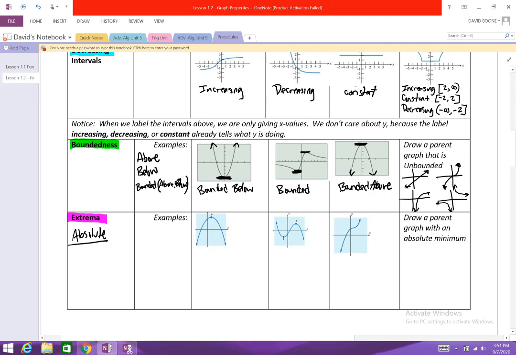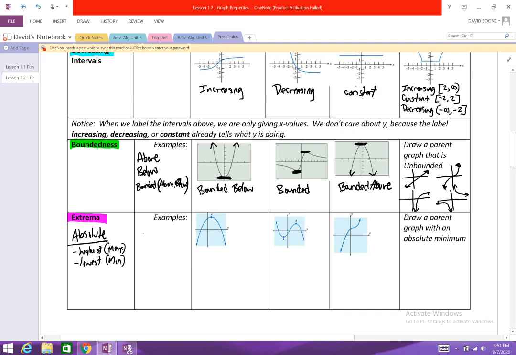And what I like to think about there is kind of simply that word absolute. What is the absolute highest point of that graph? Does it have an absolute highest? In other words, does it have a max? Or what's the lowest? Does it have an absolute minimum? Is there a place where it goes only that low and no lower?